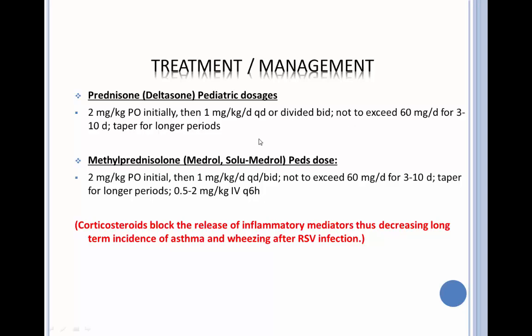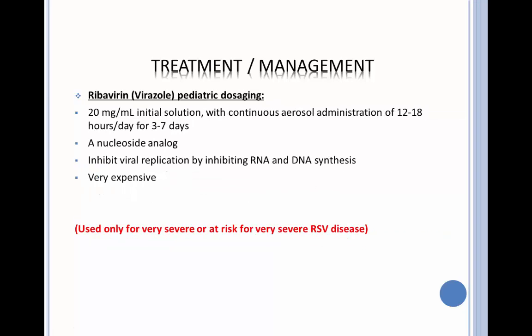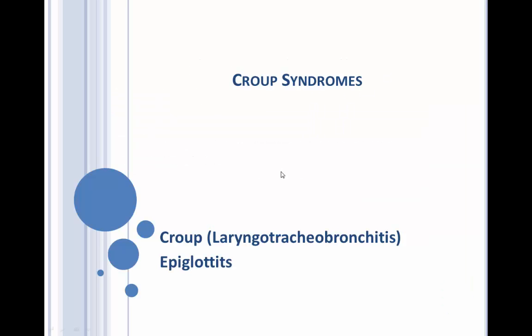In addition, for severe disease, you could add prednisone or Solu-Medrol. As well, antiviral medications such as ribavirin could be given, and even monoclonal antibody immunomodulators, even though they're not commonly prescribed because they're very, very expensive.